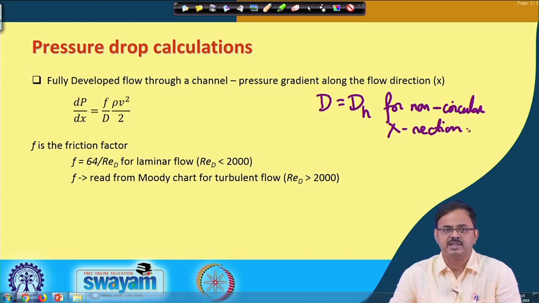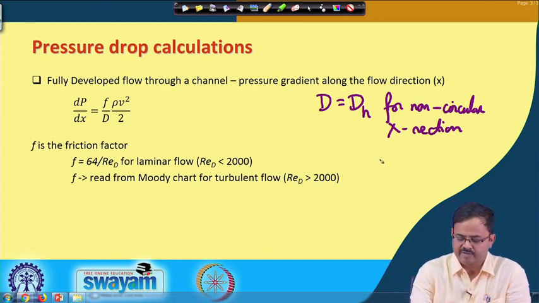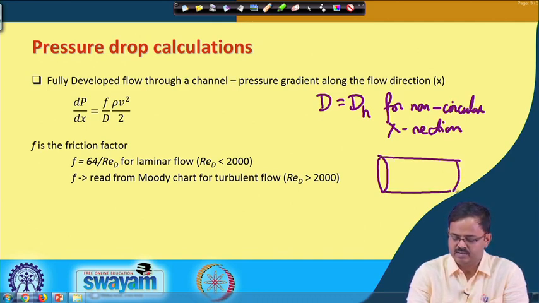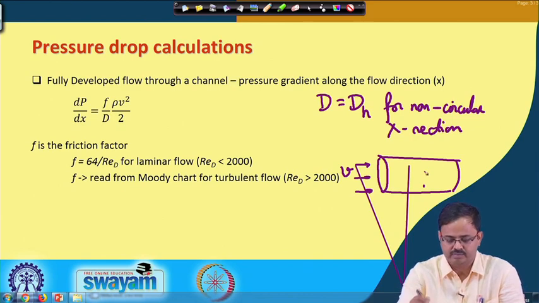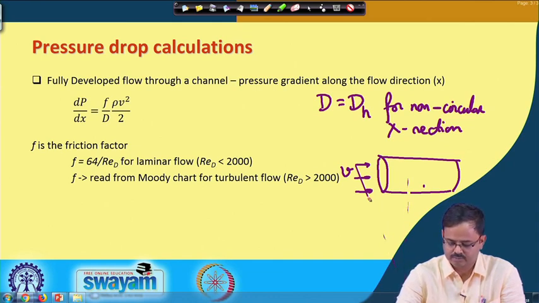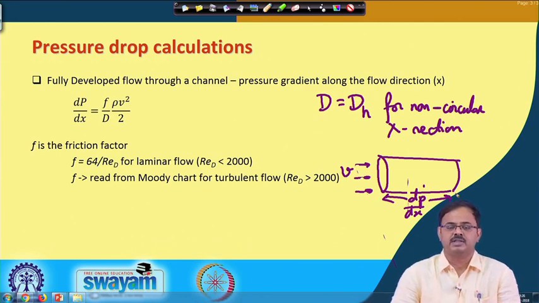And what is dP/dx? That is the pressure gradient. So, therefore, if I have flow through a pipe in this manner and I have a velocity v, then this pressure drop is given by that expression.